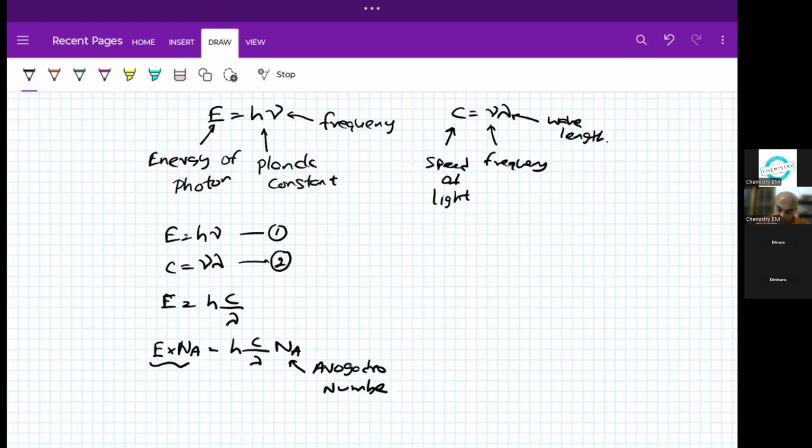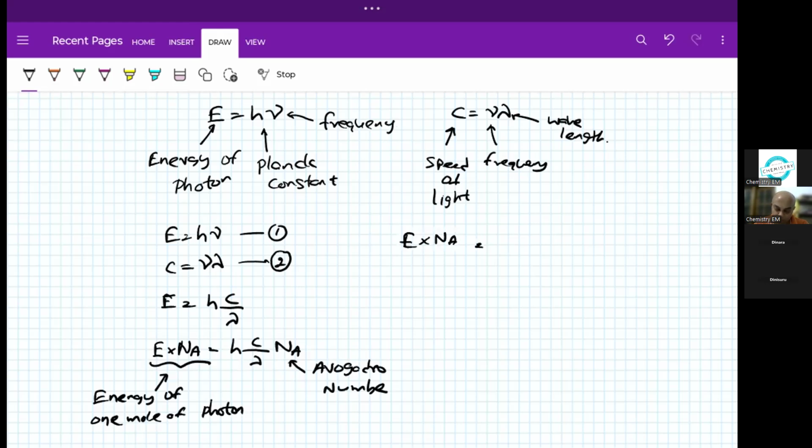So this E Na becomes the energy of one mole of photons. The energy of one mole of photons needs to be found, so we have to find E Na.